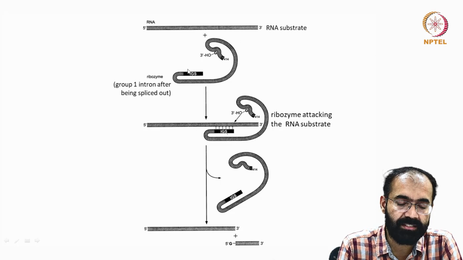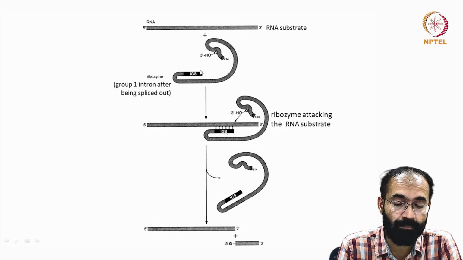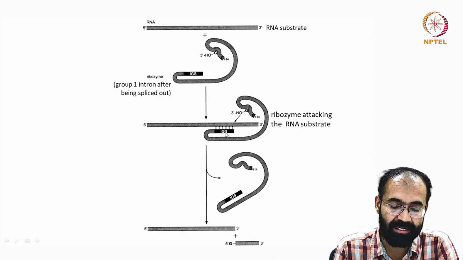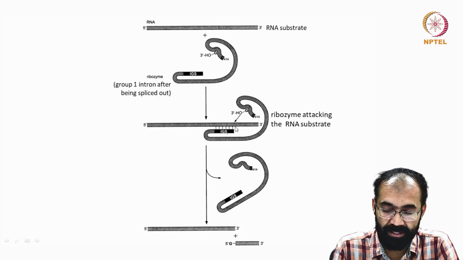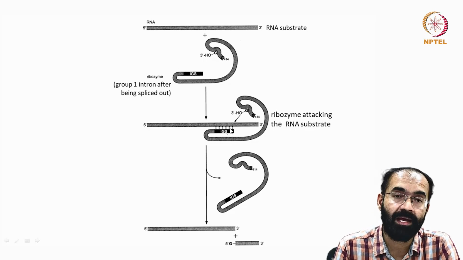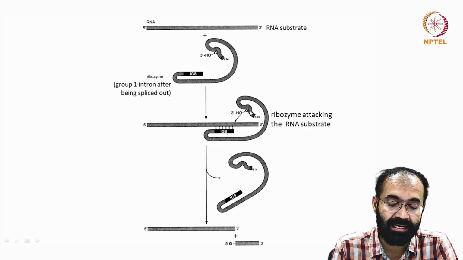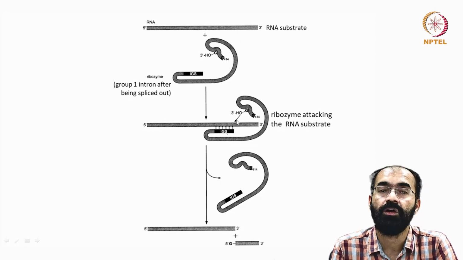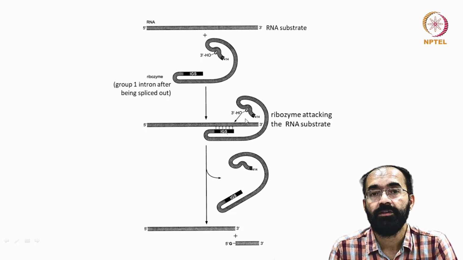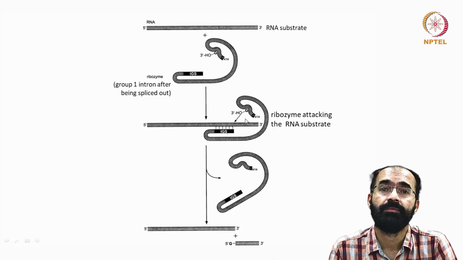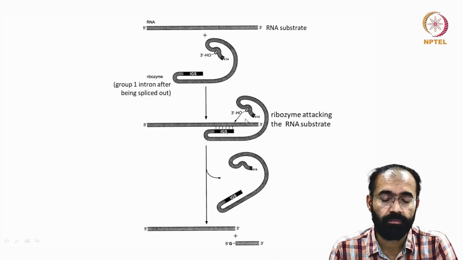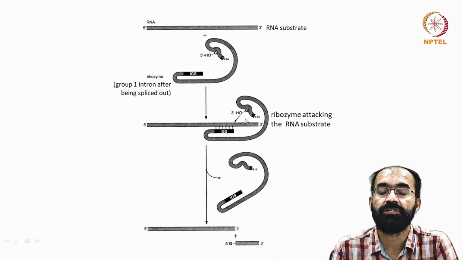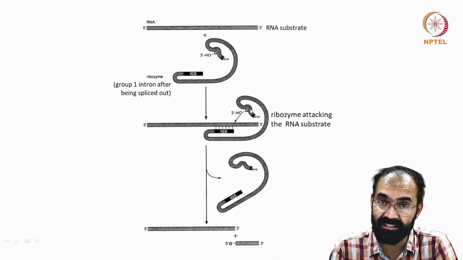Now, it has a unique sequence called IGS, internal guide sequence, which can pair onto the RNA substrate at a selective region. Once this pairing happens, this guanosine can do the same nucleophilic attack onto the specific regions of this RNA, similar to what it did onto the 3' end of exon number 1, or whichever sequence is available in the vicinity in this case.